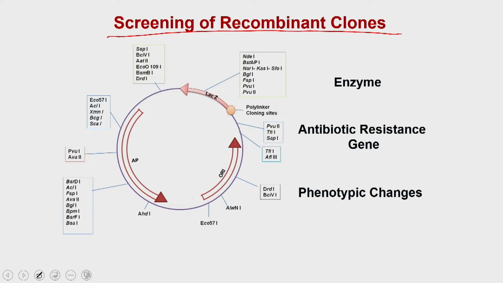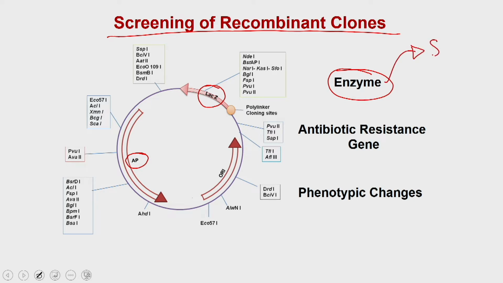You will see that you have an ampicillin resistance gene, and you have an enzyme called LacZ. So, in any plasmid where you have produced the recombinant DNA, you have an enzyme which you can exploit for two purposes.